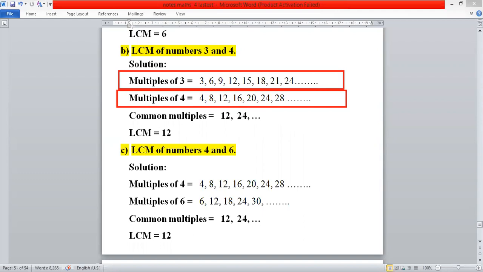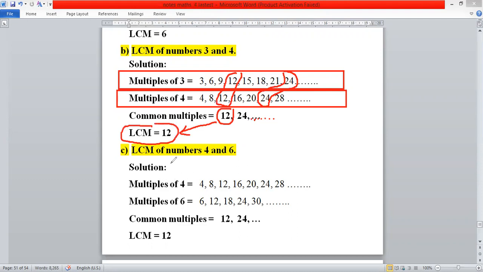Here the common multiples are 12 and 24. So we will write common multiples are 12, 24, and then we will put some dots. These dots mean there are more multiples, but we will just write the first 2 or 3 multiples only. After that, for lowest common multiple, we will choose the first one. The first common multiple is 12, therefore we will write least common multiple is equal to 12.